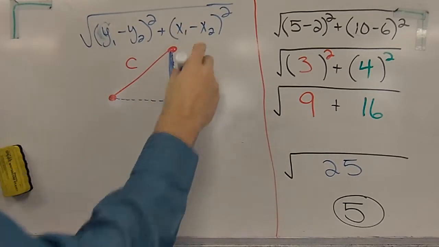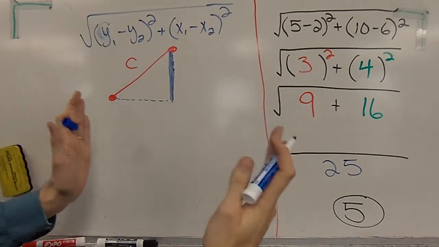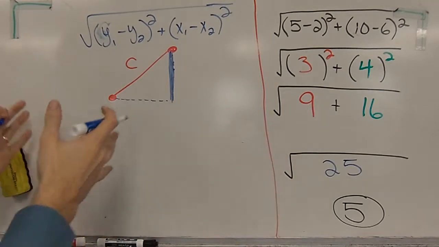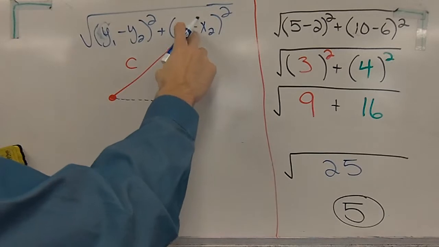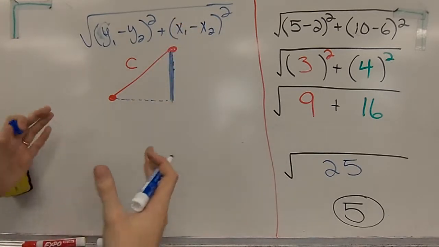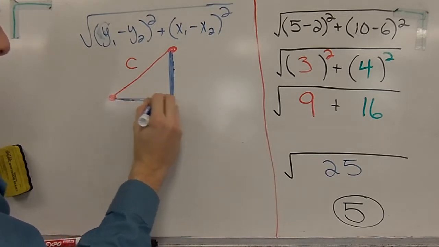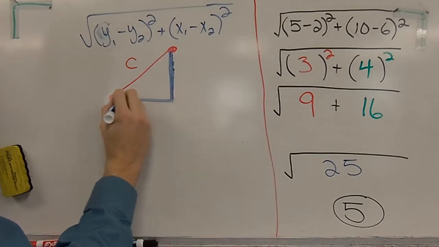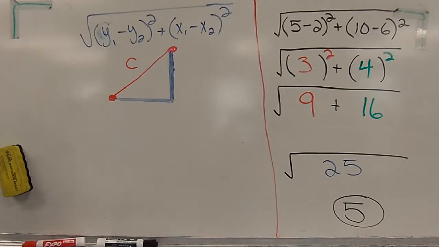The x coordinates represent the horizontal placement of the points, and so subtracting the x coordinates gets you the horizontal distance between those 2 points, which is the other leg, the horizontal leg of the right triangle.